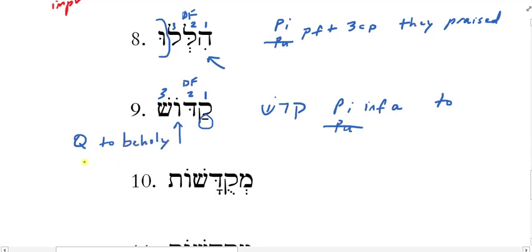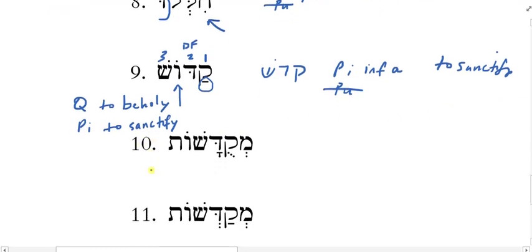So when we make it Piel, it's to make to be holy, which is to sanctify, consecrate, so forth, okay? So there you go. We'll just do sanctify here. All right, good. Now look at number 10.